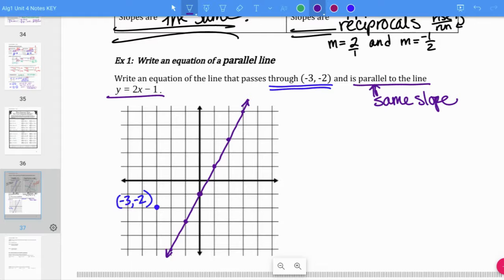And we know it has to have the same slope. So if we were drawing the picture, we could start at this point and go up 2 and over 1, just like we would do from a y-intercept. And now we would have two lines that would never intersect right there.